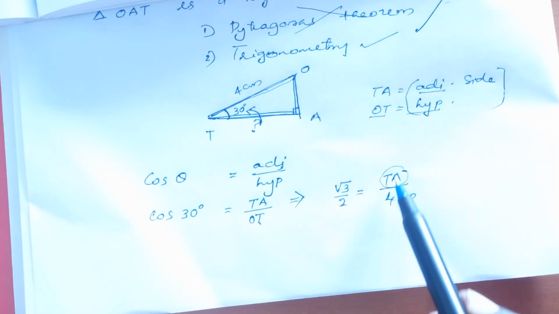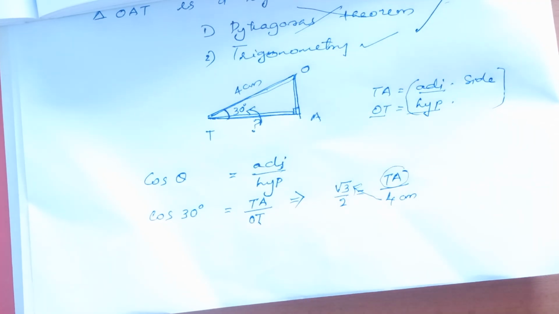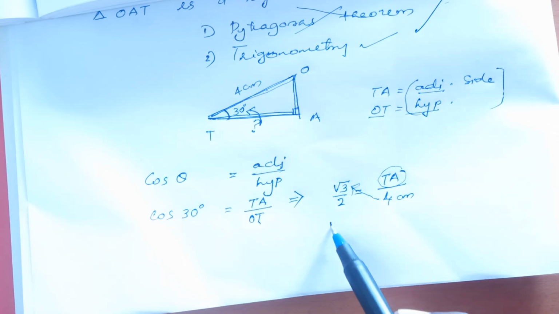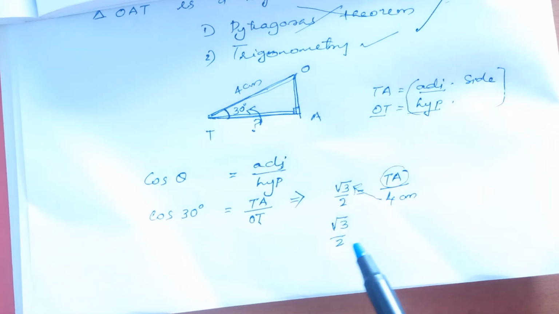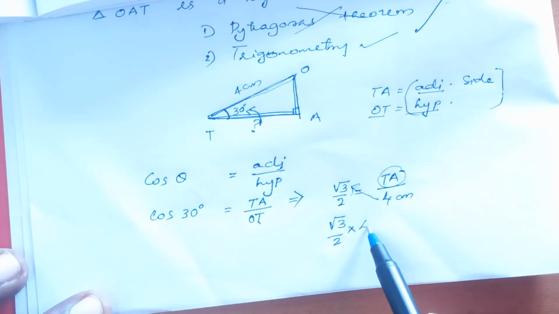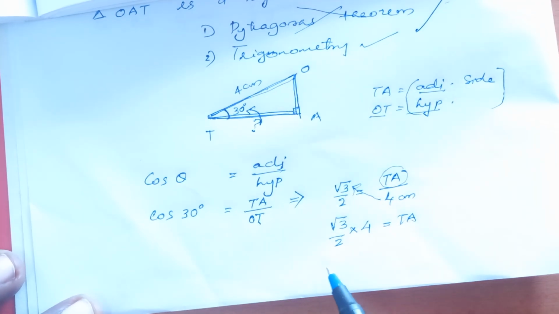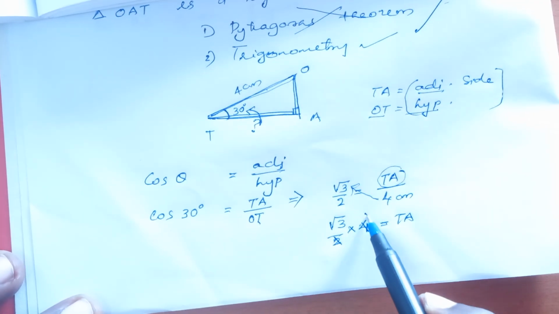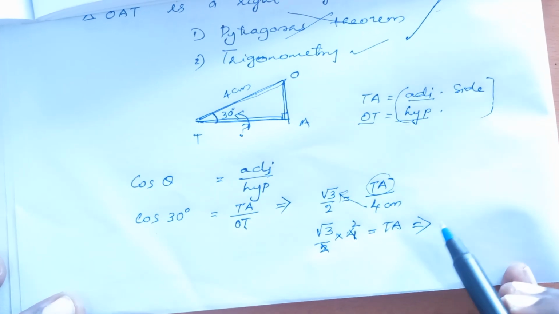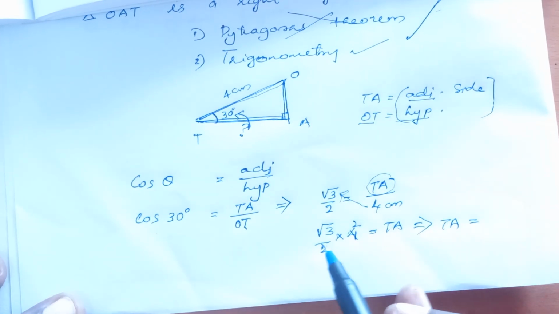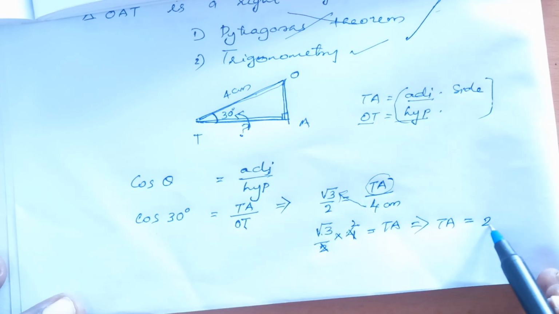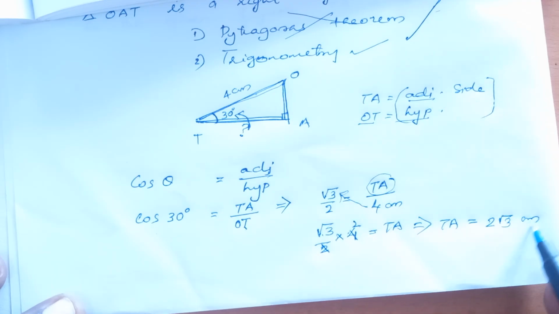To get the value of TA, cross multiply by 4 centimeter. So we get root 3 by 2 multiplied by 4 is equal to TA. While doing the cancellation, we get TA equals root 3 into 2, which is 2 root 3 centimeter as the answer.